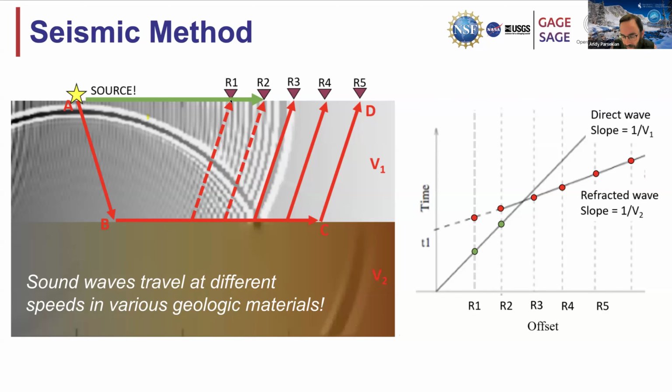And that ends up making a plot looking like the graph on the right side of the screen, where you see there are 2 different slopes. The one with the green dots is the slope of the arrivals as a function of distance over time for the soil, and the red slope is different because it's related to the distance over time experienced by waves traveling at the faster velocity.